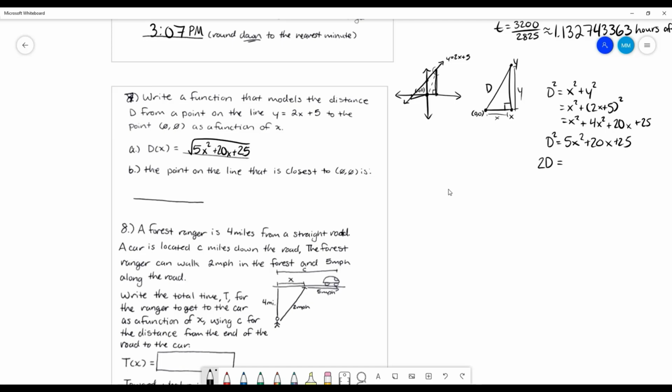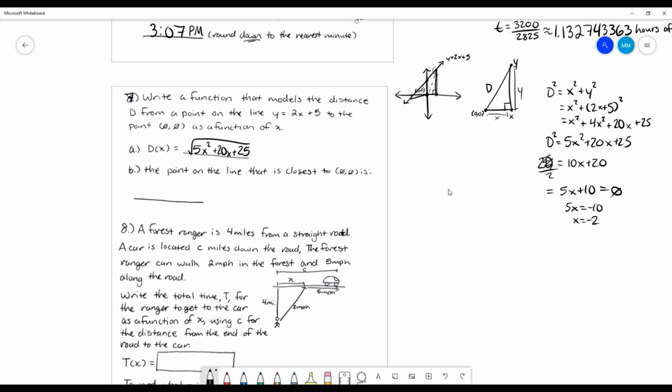I know this isn't technically correct how I'm writing this. I'm just not really sure how to write it, so please ignore this. It's going to be 10x plus 20, and then divide by 2, so it's 5x plus 10, set that equal to 0. 5x equals negative 10, x equals negative 2.